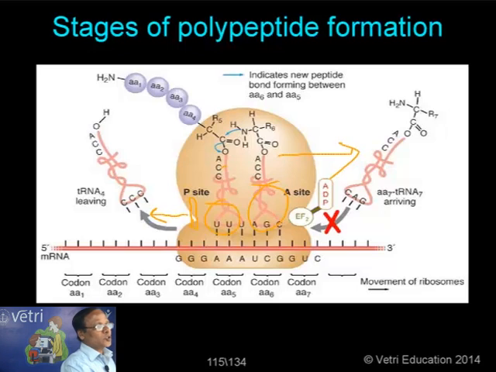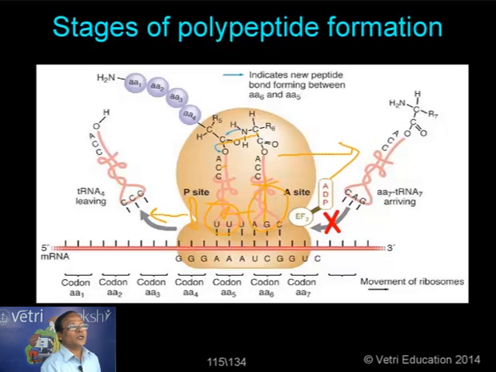Once these two amino acids are joined together, the empty tRNA is shifted towards the E site and released. So once again, this one with the peptide is translocated to the P site, allowing another amino acid tRNA to come and form a pair with the codon of the messenger RNA. Likewise the process is repeated.